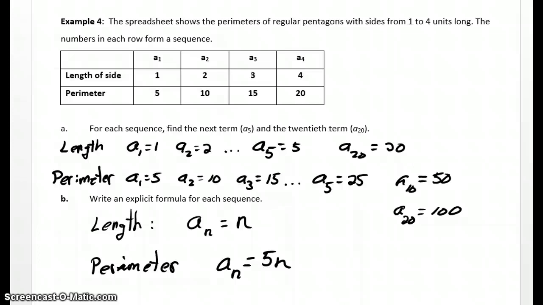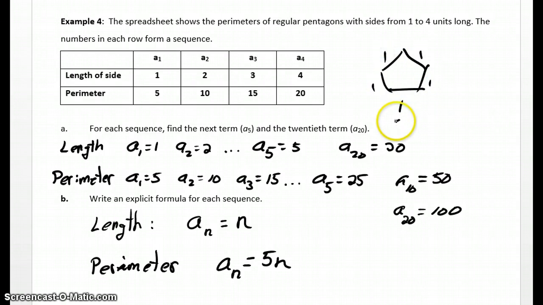And the corresponding perimeter for that, if one side of a pentagon is 1, then the perimeter of that pentagon would have to be 5, because we've got 5 sides. So it might look something like this, where I've got 1s on each side and the perimeter is 5.